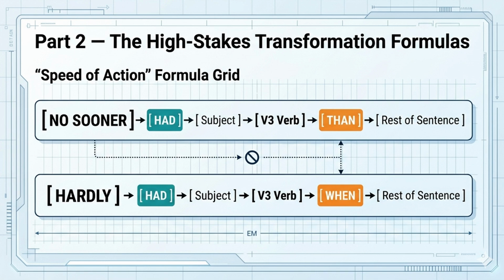Standard sentence: As soon as the principal stepped onto the stage, the assembly fell completely silent. Transformation A: No sooner had the principal stepped onto the stage than the assembly fell completely silent. Transformation B: Hardly had the principal stepped onto the stage when the assembly fell completely silent.